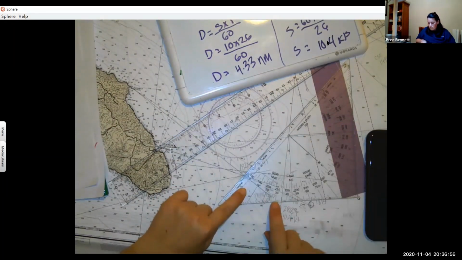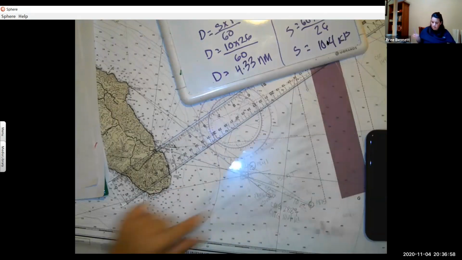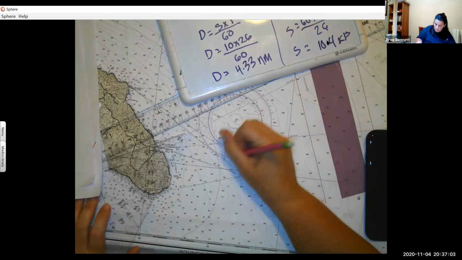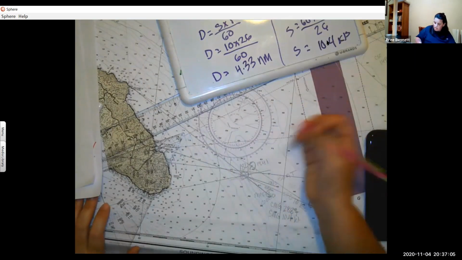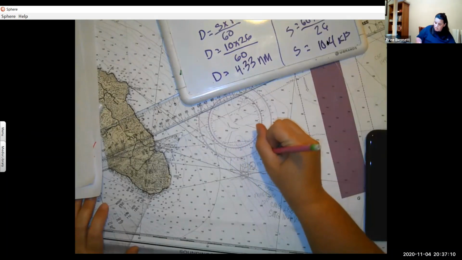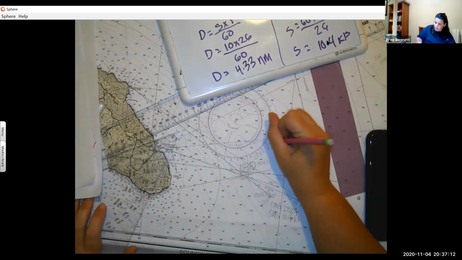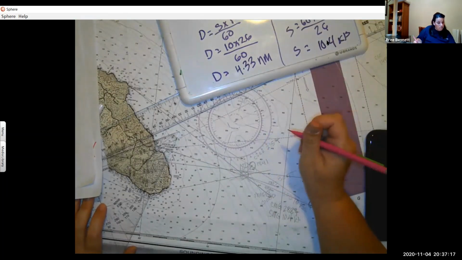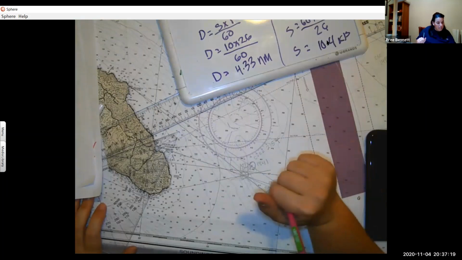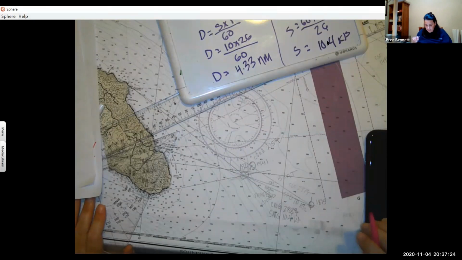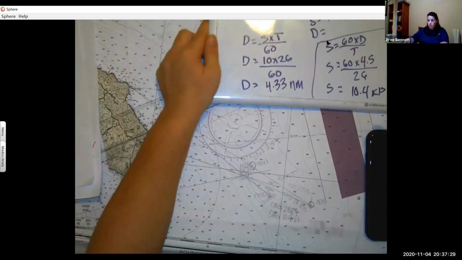So I'll call it 215. It's getting sloppy over here. Current 215 degrees true. Okay, I got 226, but I think that's close enough for a set and drift question.